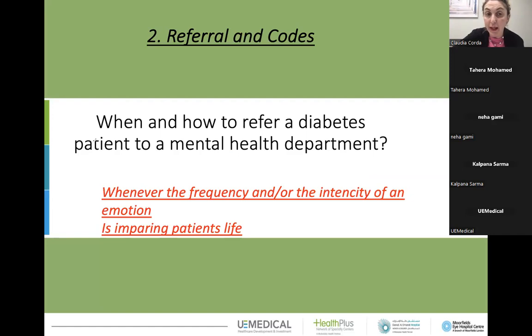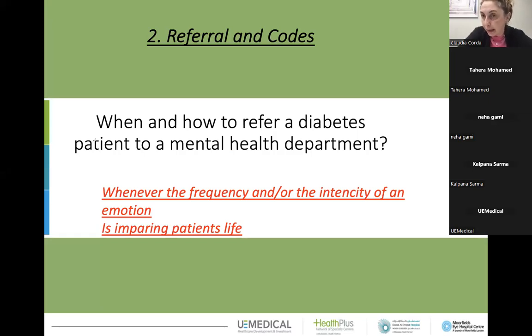So as a summary of everything, we can refer a patient to the mental health department every time the frequency and the intensity of a negative emotion is impairing the patient's life, or every time the adherence to the treatment is not followed.